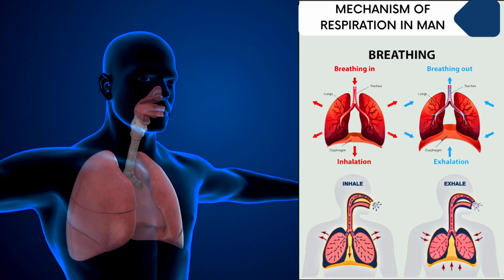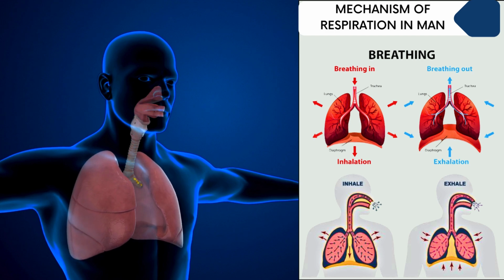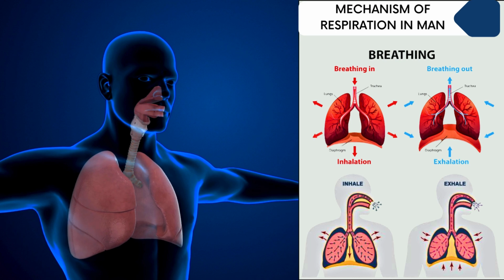Let's look at the process of inspiration or inhalation in man. In this stage, the following processes are involved. 1. The thoracic cavity first increases in volume as a result of air pumping into it. The diaphragm then contracts and becomes flattened. The intercostal muscles contract while the sternum is moved upward.